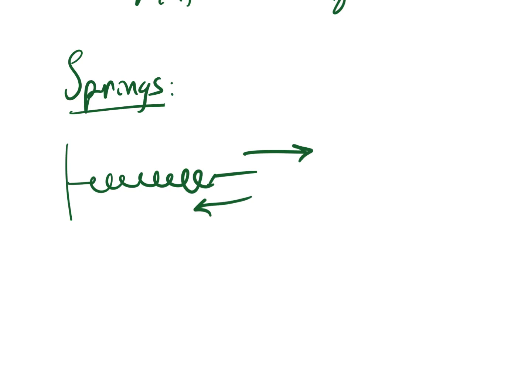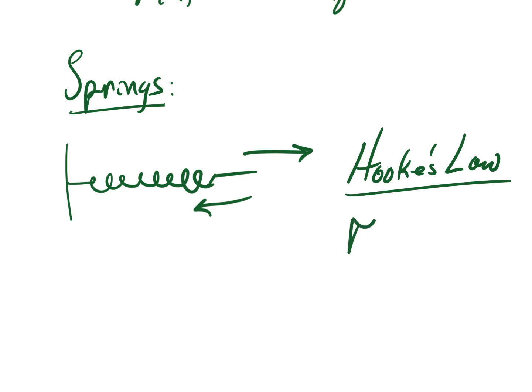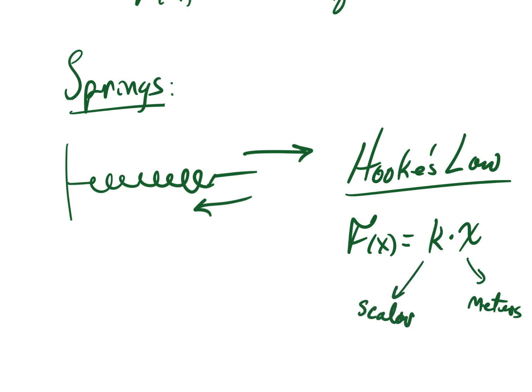All right, and to calculate the work done, we use something called Hooke's law, which says that the force required is equal to a spring constant that we traditionally call little k, multiplied by x, where x is measured in meters and k is just a scalar, meaning it doesn't have any units attached.